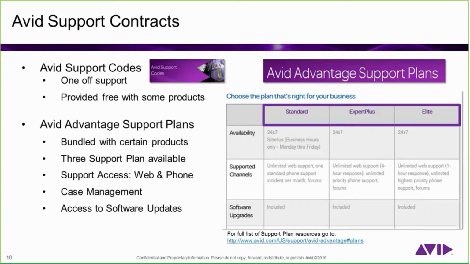The standard level of support is that which we provide with our subscription products. And then 2 other levels, Expert Plus and Elite. There's an increase in the level of SLA provided with those products up to Elite, where you get an hour response to any support case that you put in. So that's really the top level of support.